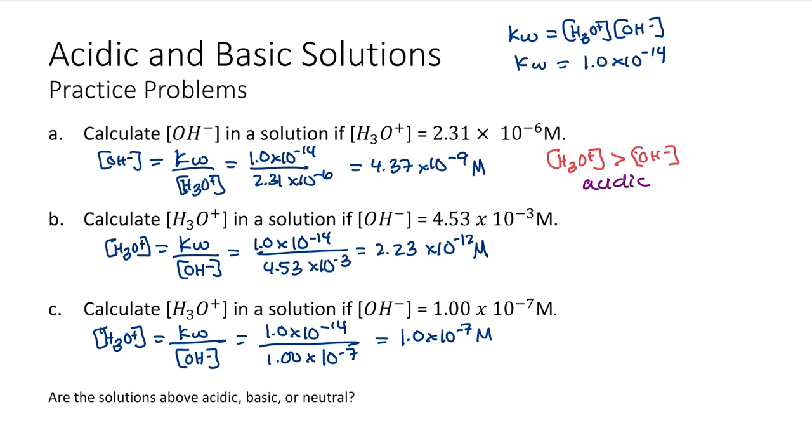In our next example, my hydroxide is 10 to the negative 3, and my hydronium ion is 10 to the negative 12. So in this case, the concentration of hydronium ion is less than the concentration of hydroxide. So that means we have a basic solution. In my final example, I notice that they are the same.